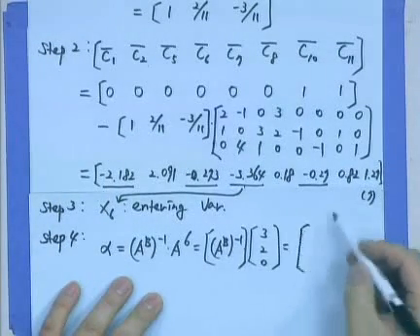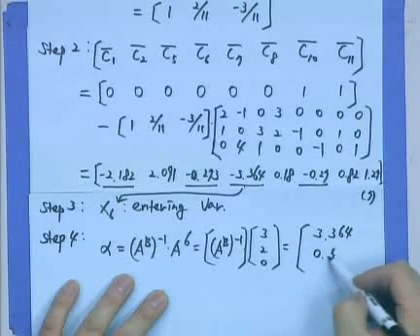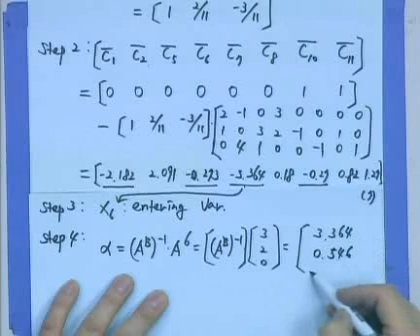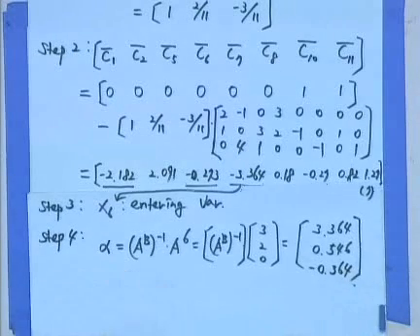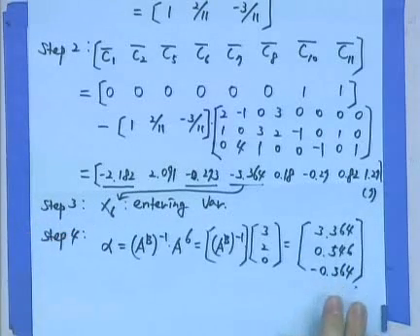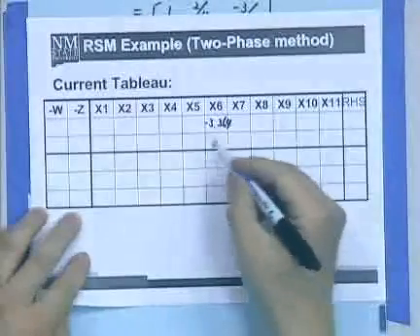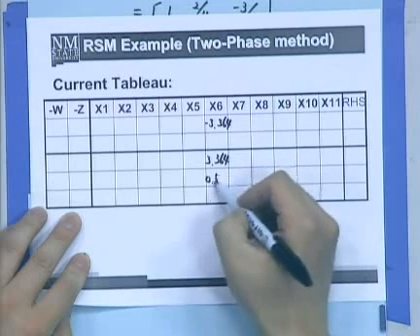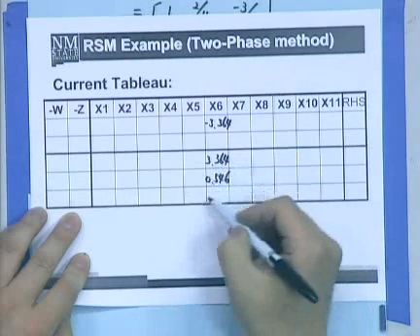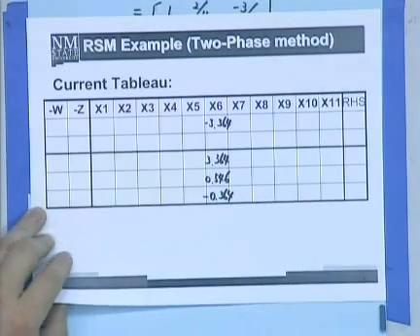So we have 3.364, 0.546, negative 0.364. Okay? So we can add this value to the current table, which is 3.364, 0.546, negative 0.364. Okay?